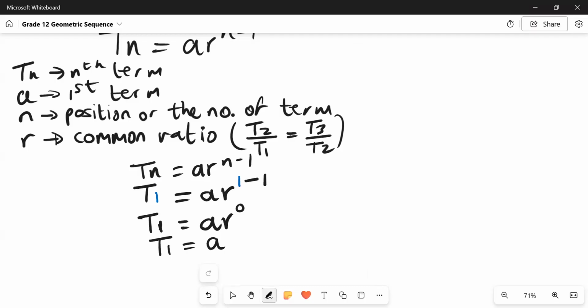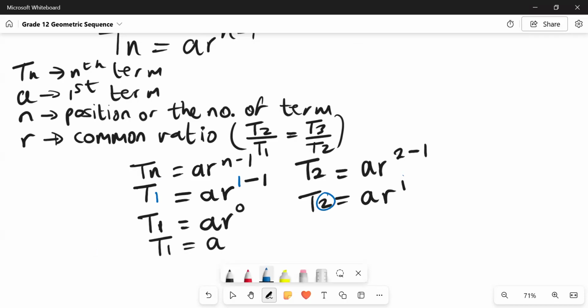Now let's move to T2. For T2, you will have A R^(2-1), and 2 minus 1 is just 1, so T2 is A R. Same logic applies.